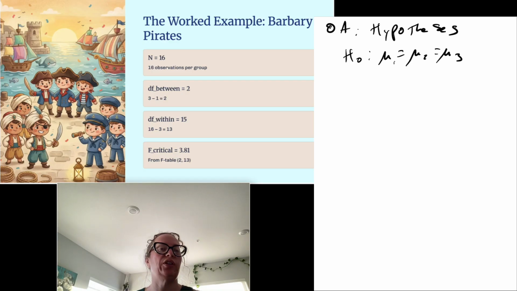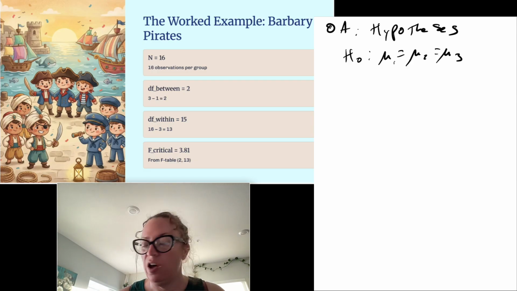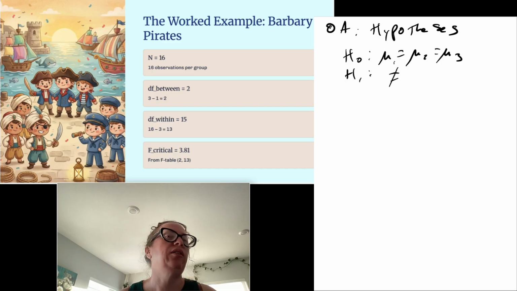There's no difference in the appeasement, the threatening with the war in the Navy, or the Decatur go in and shoot them up, bang, bang version, okay? And then hypothesis 1 is that one or more groups do not equal the others in their average, in their mean. And of course, we are going to use an alpha of 0.05 because that's just what we're doing in this class.